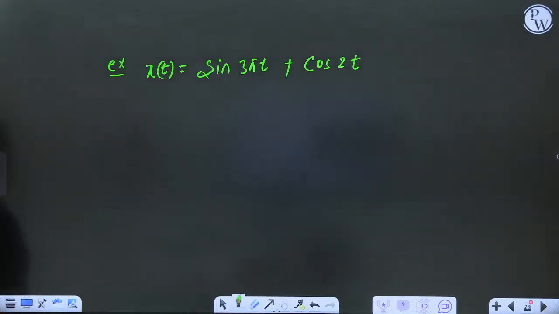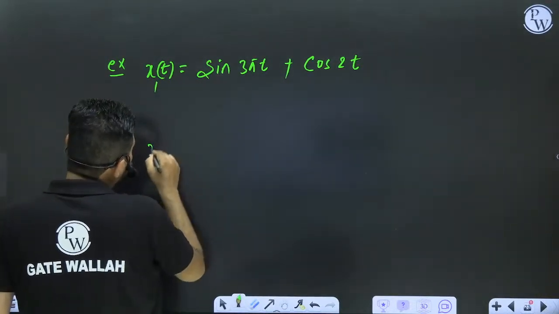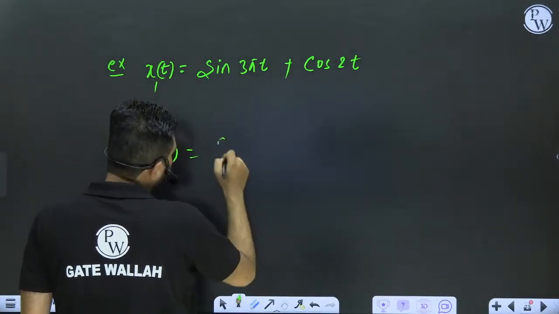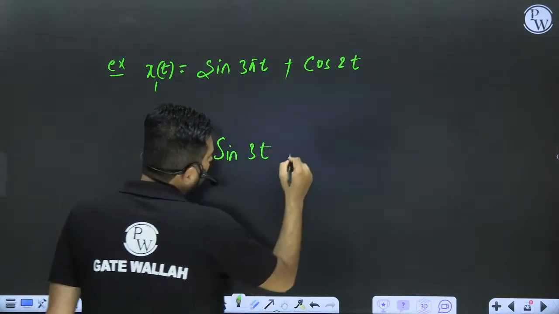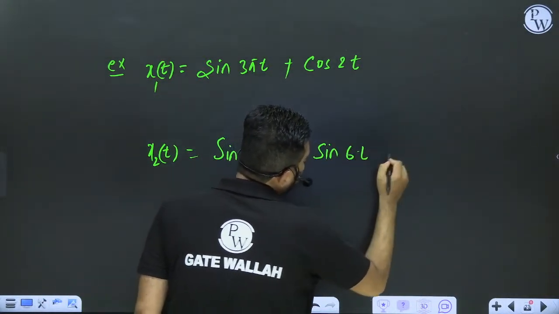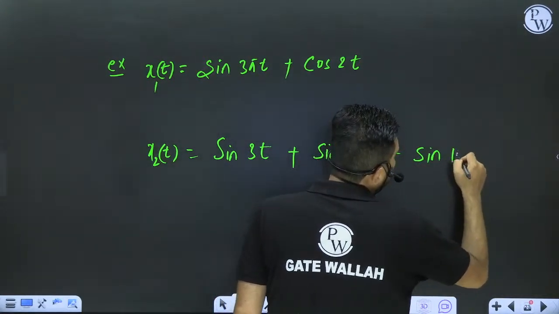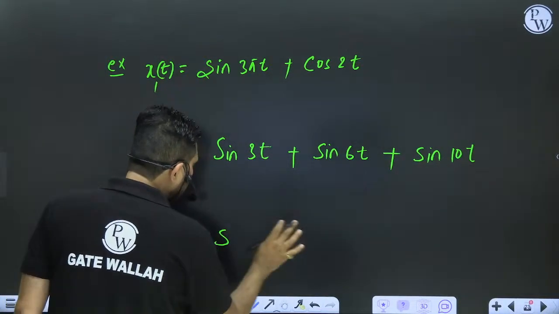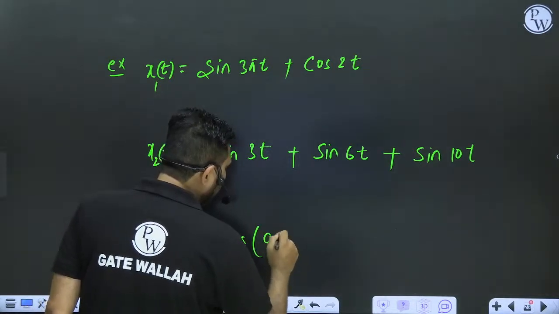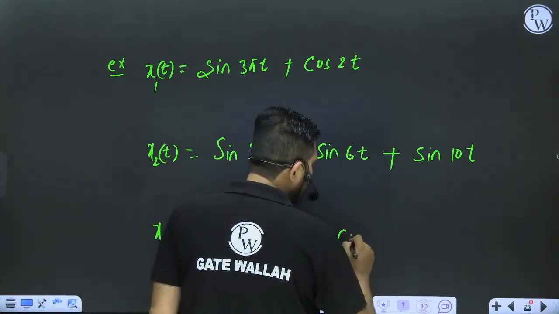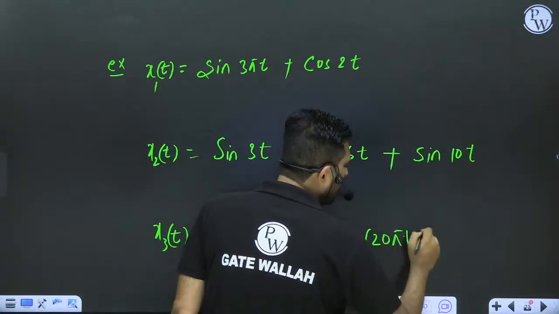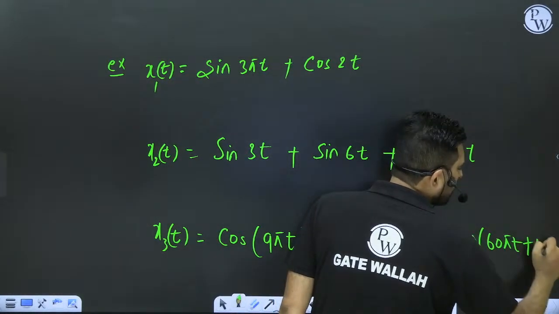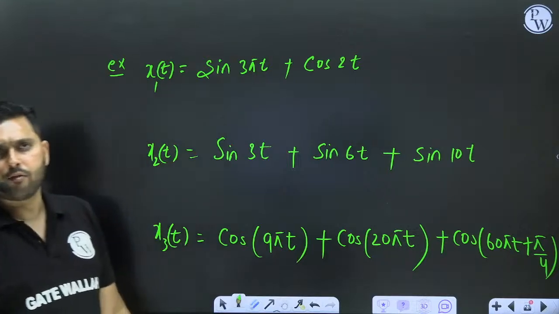Let's consider x1 t and x2 t as sine 3t plus sine 6t plus sine 10t, and let's consider x3 t as cos 9 pi t plus cos 20 pi t plus cos 60 pi t plus pi by 4. Tell me, out of these three, which one is periodic?